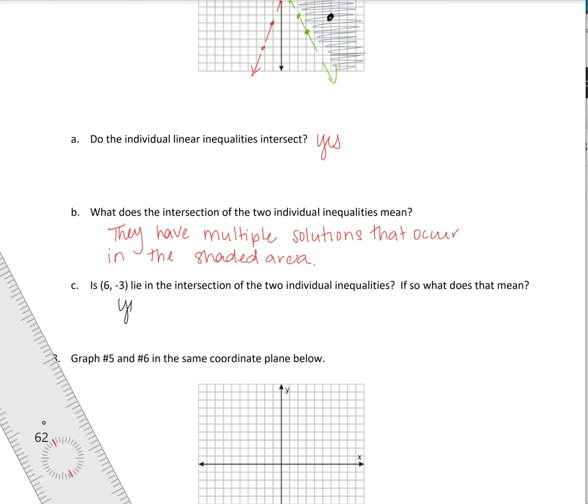So we can say yes, (6, -3) is in the solution set, meaning it satisfies both inequalities.